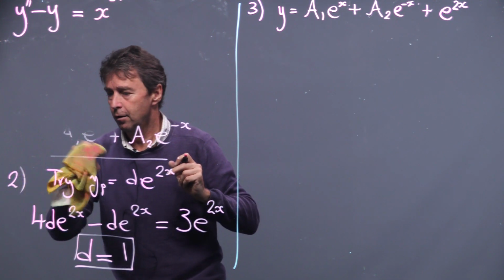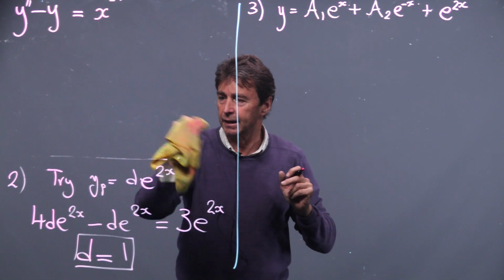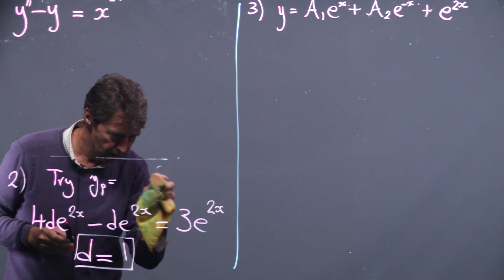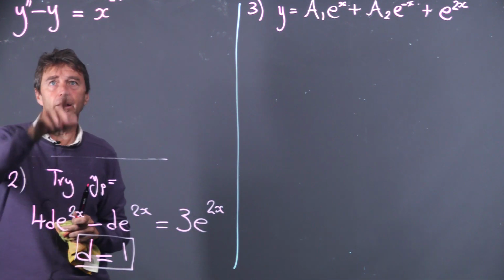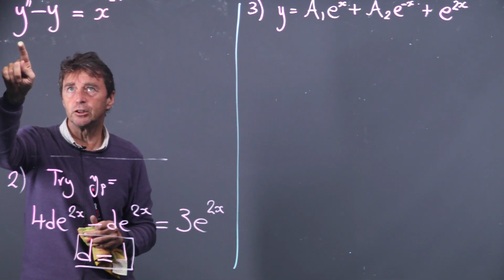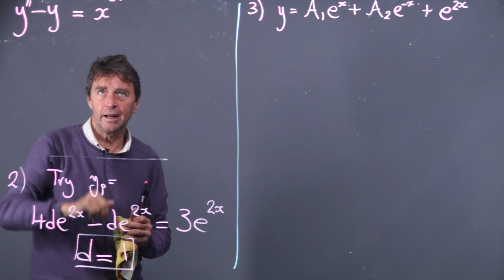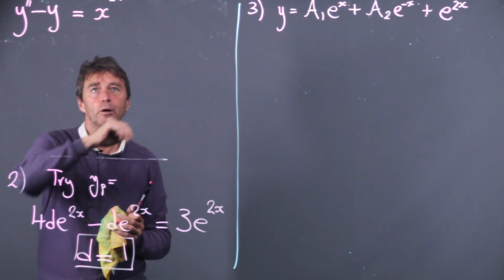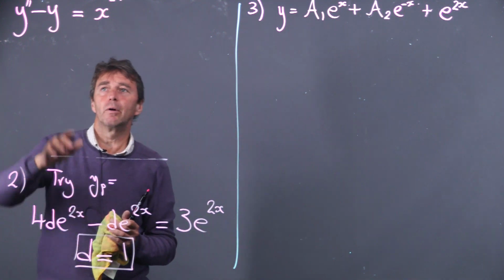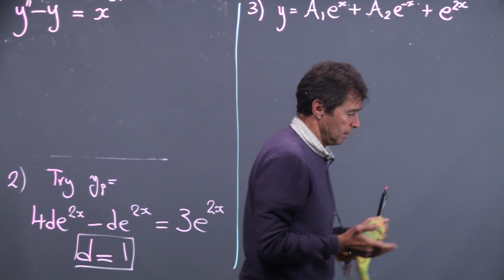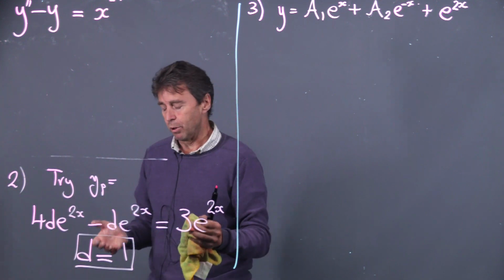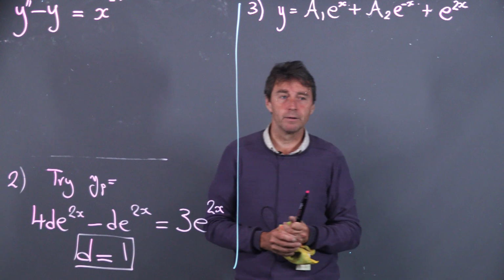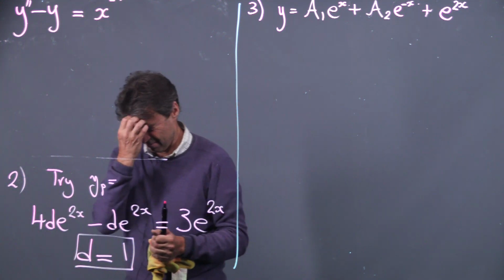So what's the educated guess in this case? So I need to put something in here so that when I leave it there or differentiate it twice, I have to get x squared. That's a quadratic. That's a polynomial of degree 2. Now, when I take a polynomial and differentiate it, I still get a polynomial. Right? You get rid of one of the powers of x, but it's still a polynomial.